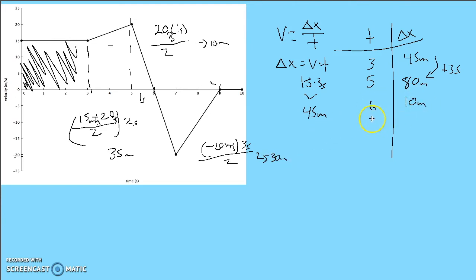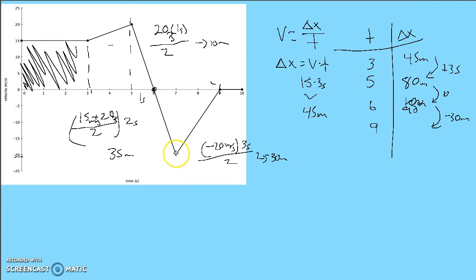Which means that from 6 seconds to 9 seconds, I made a mistake here. So this was an additional 10. That put us at 90. And then from 6 seconds to 9 seconds, it turns out that we actually went backwards 30 meters. So at this point right here, at 6 seconds, the object turns around and goes the other direction.